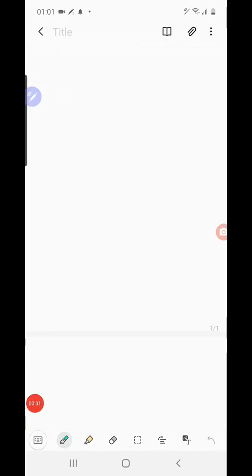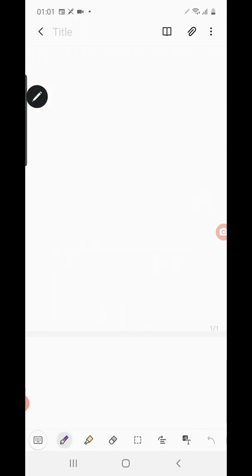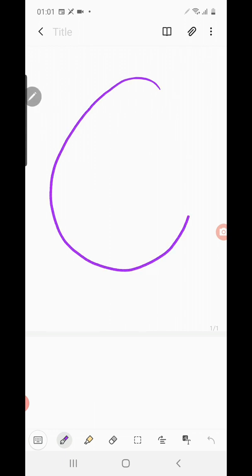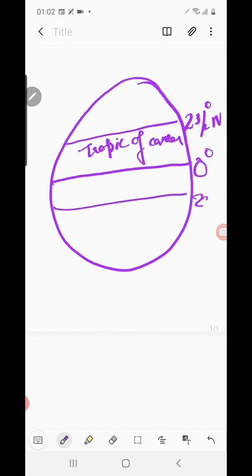in order to know that, let us discuss which are the important latitudes. You see the important latitudes here, and 0 degree latitude. This is the equator that passes through the middle of the earth. Then another important latitude is 23.5 degree north. It is named as Tropic of Cancer, and here 23.5 degree south.